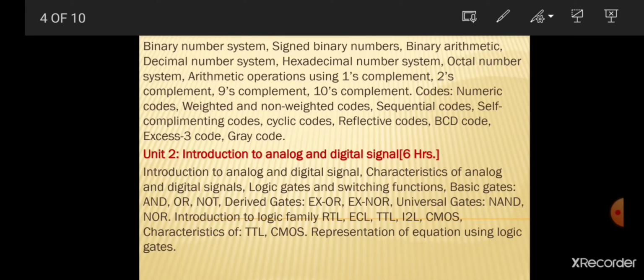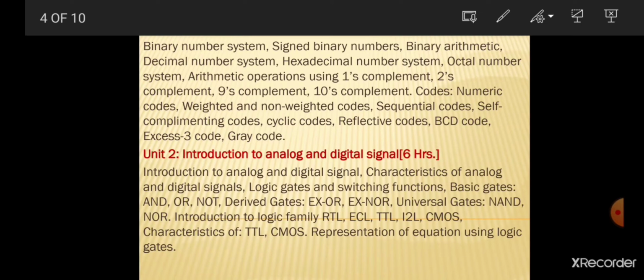In the earlier instruments of digital electronics, many a time we were using analog signals, but as technology advances, many systems are converted into digital form. So we should know the difference between analog and digital signals. This we will study in the second chapter.